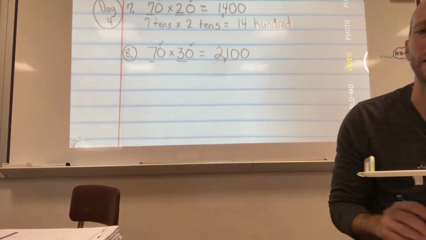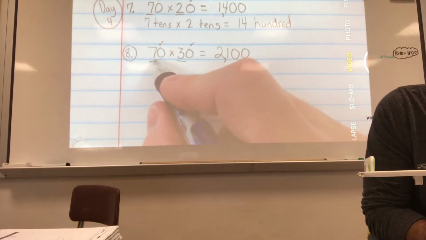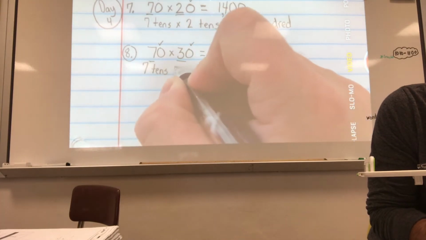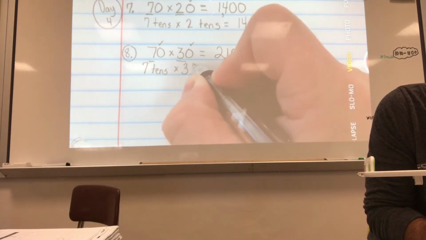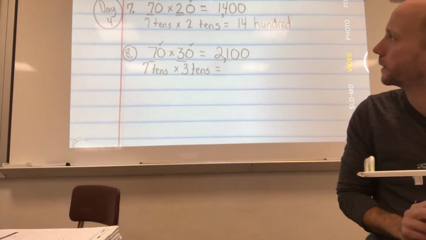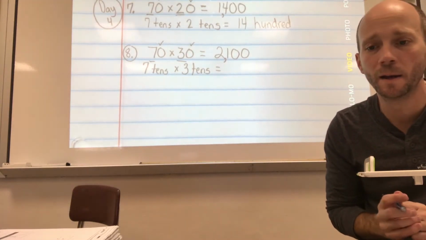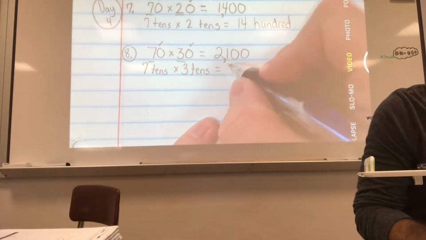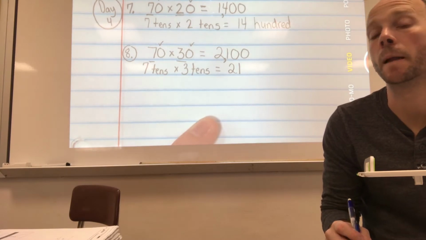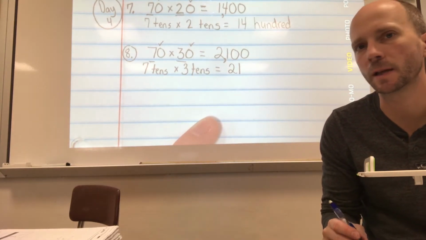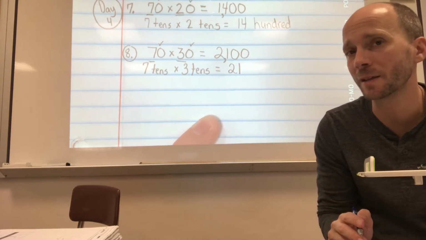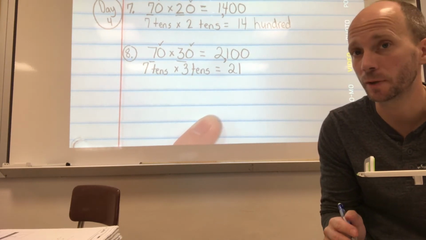So now let's break it down another way. Instead of saying 70, we're going to call it 7 tens. And then we're going to break it apart as 3 tens. And this looks very similar to the one that we had just done. So we do 7 times 3. We come up with 21. Make sure you don't put tens because again, 21 tens will not be 2,100. 21 tens will just be 210.